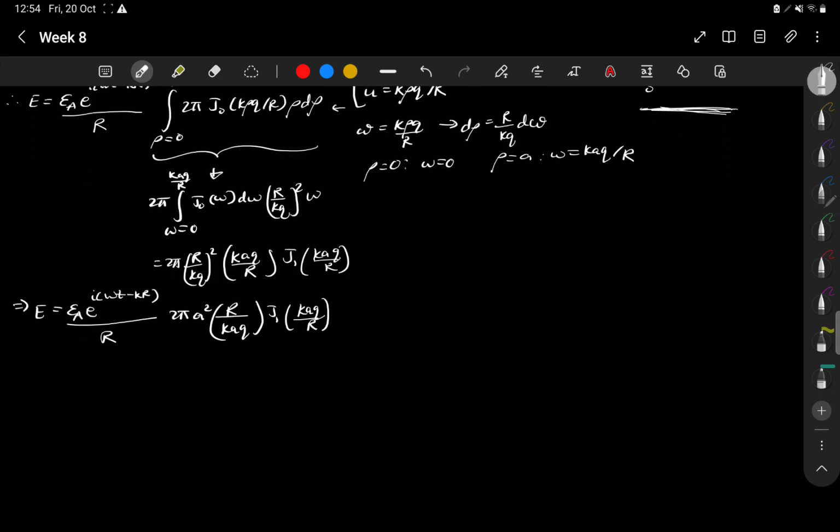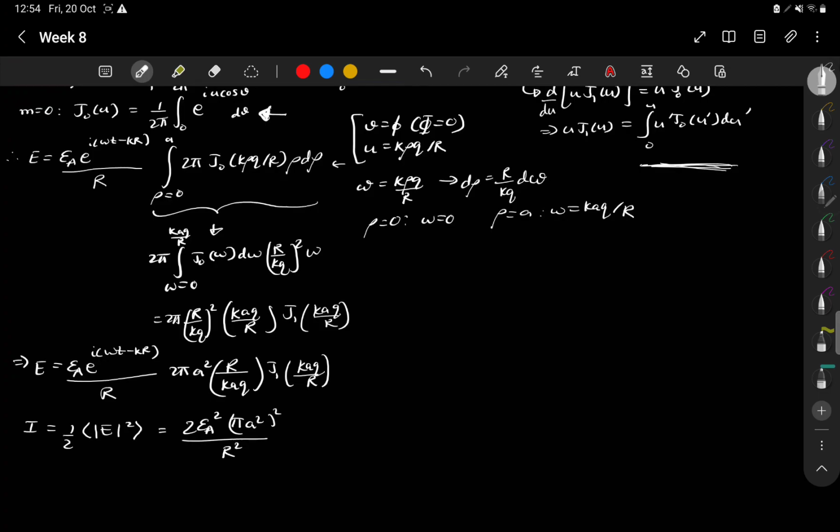Now intensity is given as proportional to mod E squared. So mod E squared is E star E. Stop me at any point if you are getting overwhelmed. It's just plain simple algebra at this point of time.